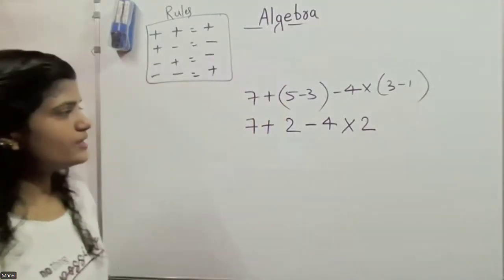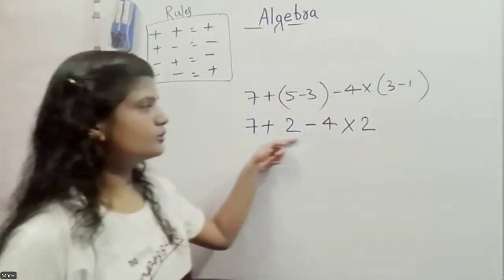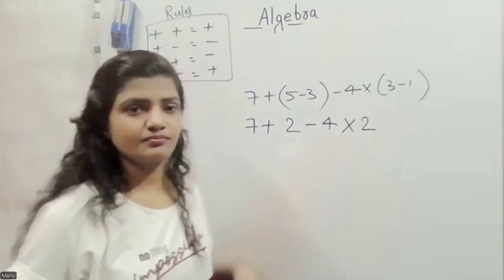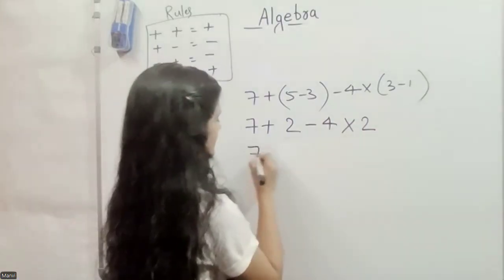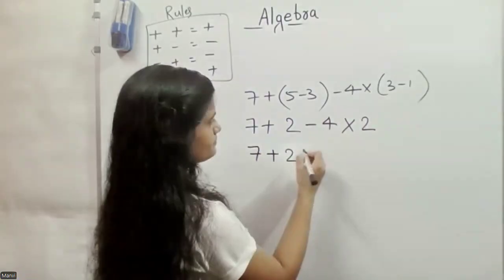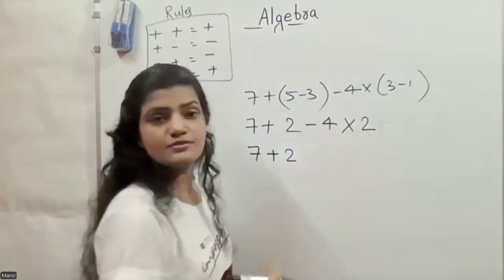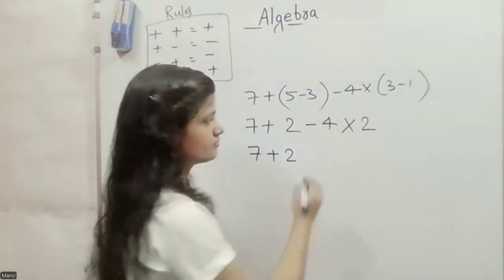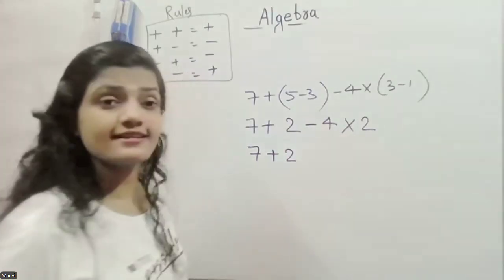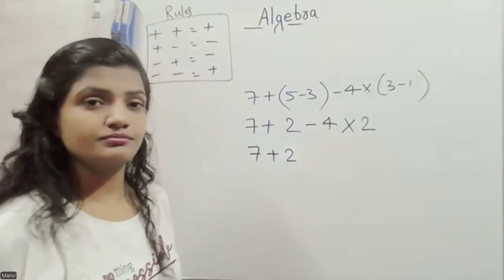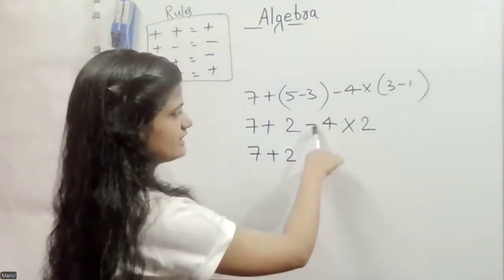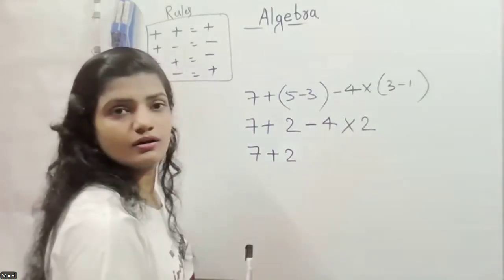According to the BODMAS rule, first we need to solve the multiplication, right? Okay, so write everything else as it is. Now 4 times 2 is 8, so here we need to put minus 8 or just 8? Minus 8, because of different signs, minus and then plus.